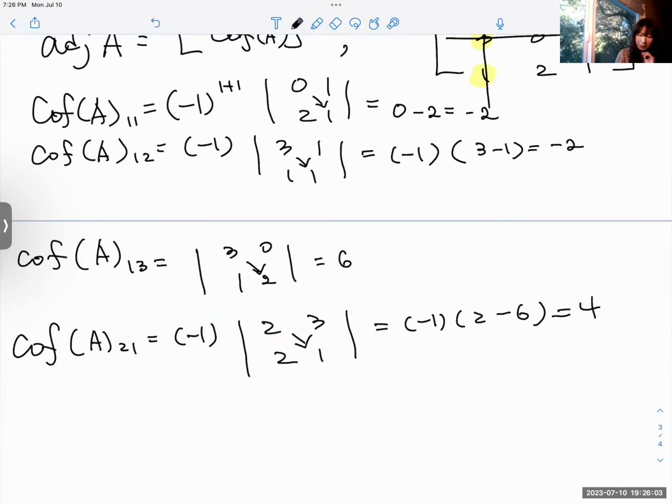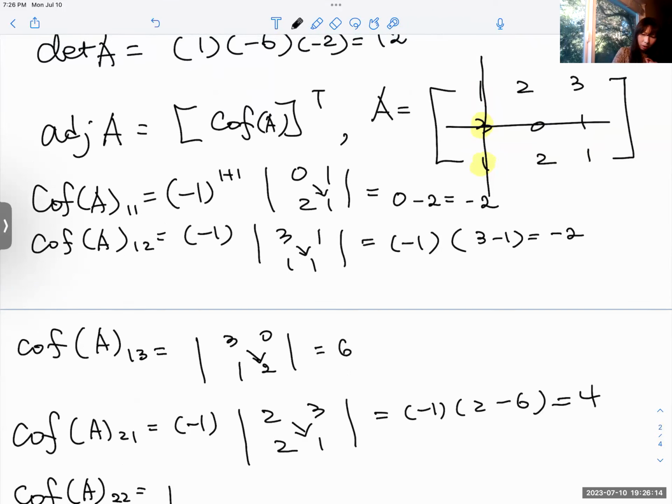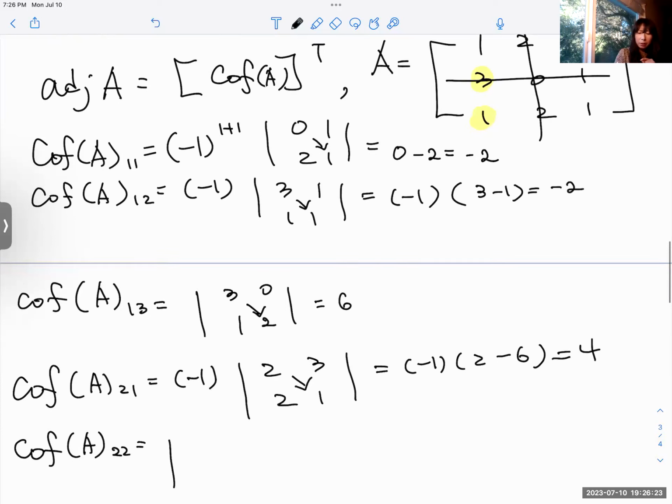Good job. Okay, cofactor of A, 2, 2, negative, so we get positive. And 2, 2. So we get 1, 3, 1, 1. Okay, so this is 1 minus 3, which is negative 2.